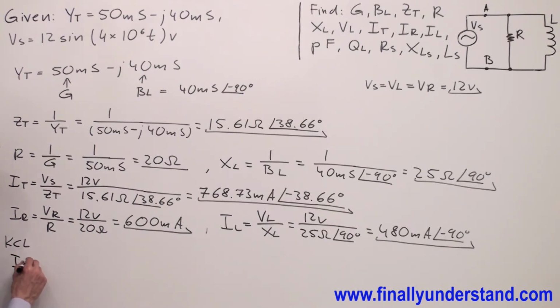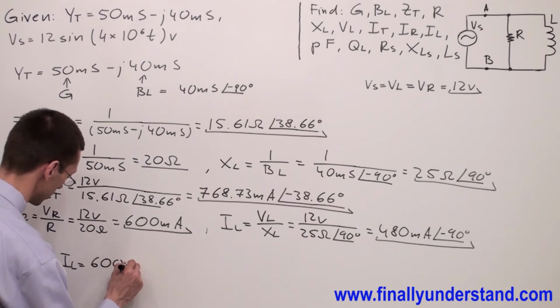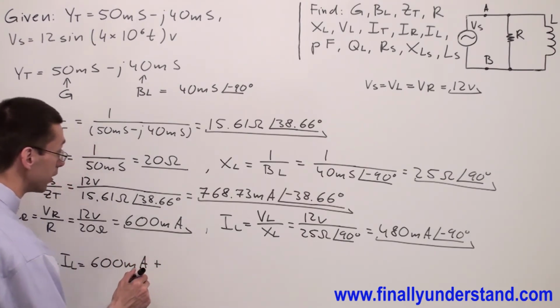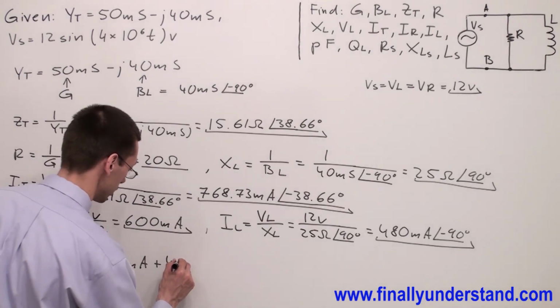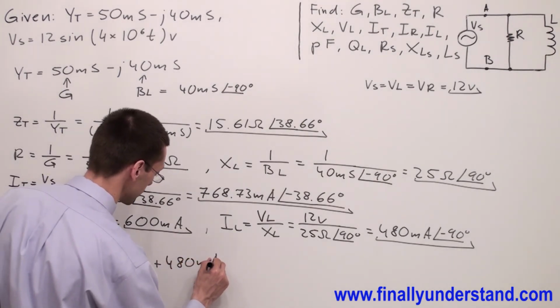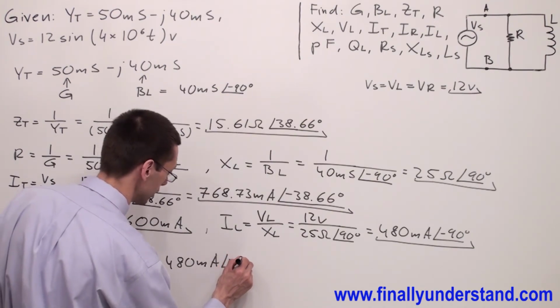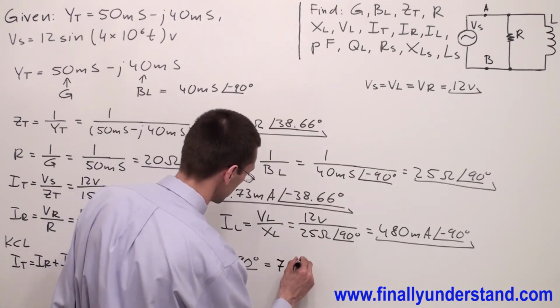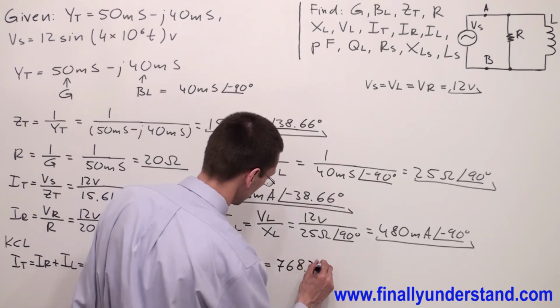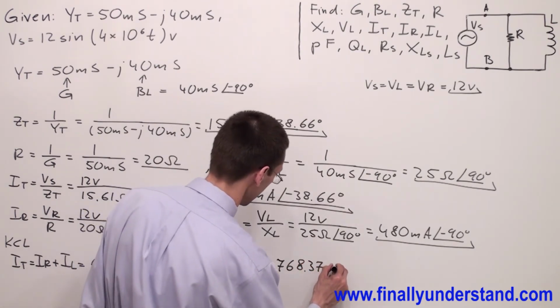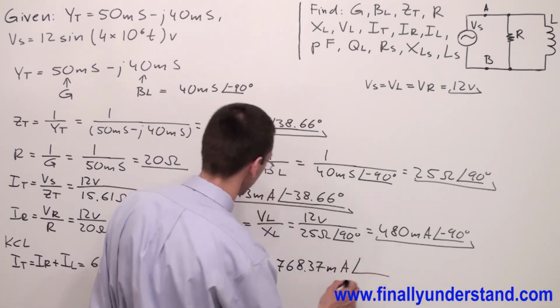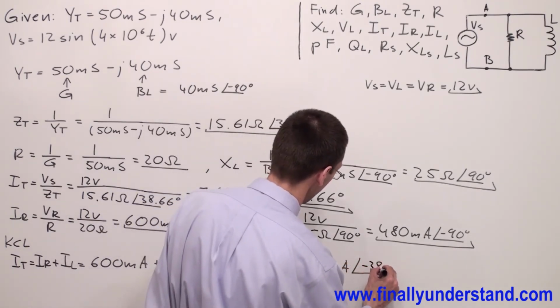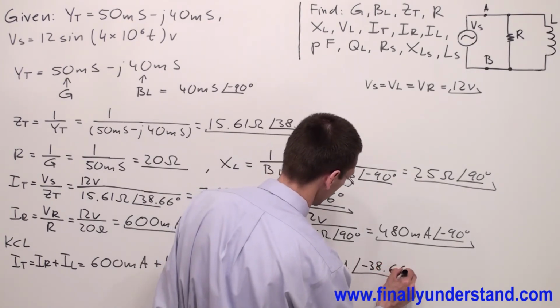So I total is equal to IR plus IL, where IR is equal to 600 milliamps plus IL, which is equal to 480 milliamps and angle of negative 90 degrees, which is equal to 768.37 milliamps and angle of negative 38.66 degrees.